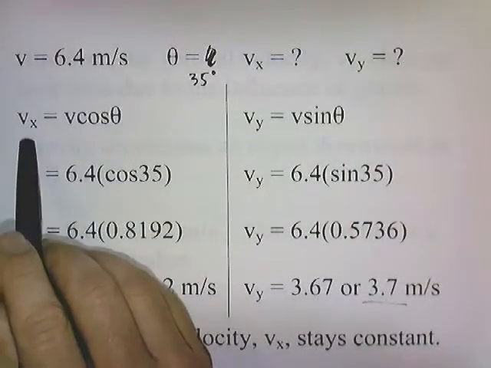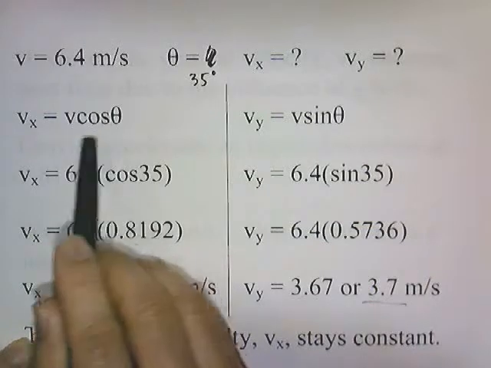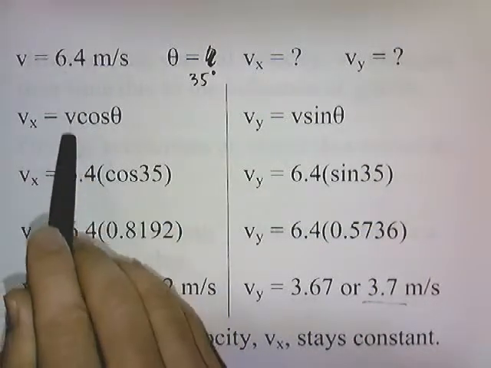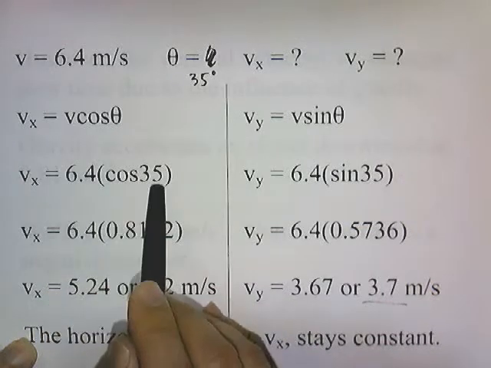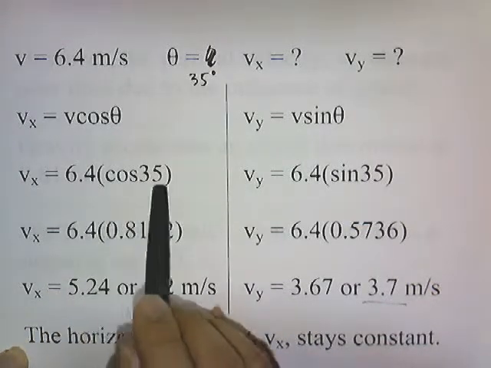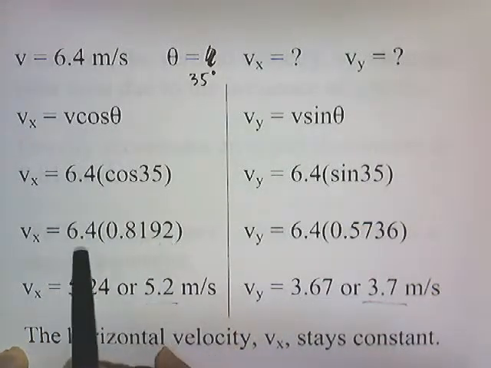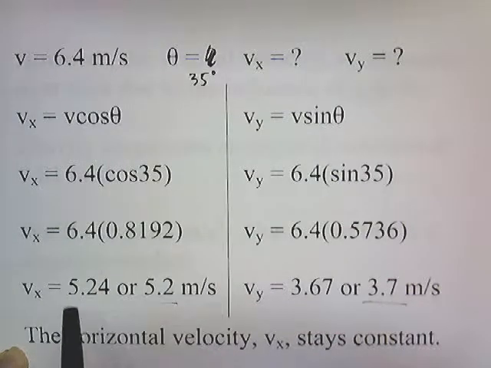Okay, so Vx is going to be V cosine theta. Initial diagonal velocity is given as 6.4 and it's being launched at an angle of 35. So 6.4 cosine 35. Cosine 35 is 0.8192, and 6.4 times this number gives us 5.24, which is rounded to 5.2 meters per second. So this is the initial horizontal velocity.